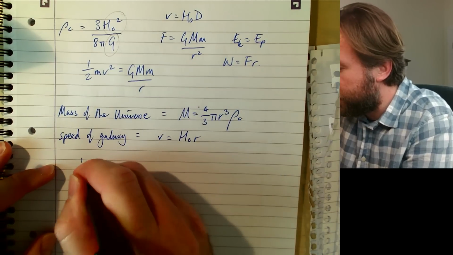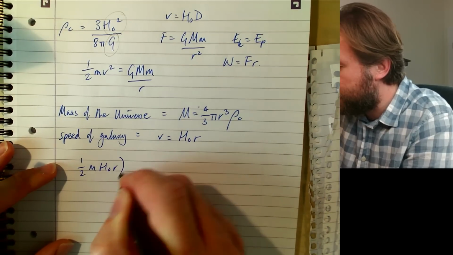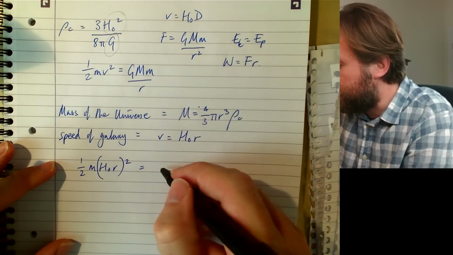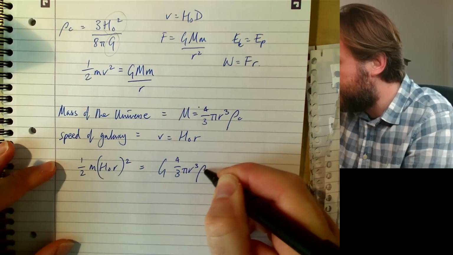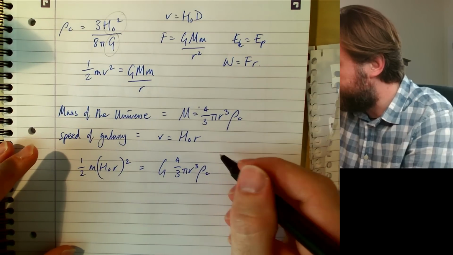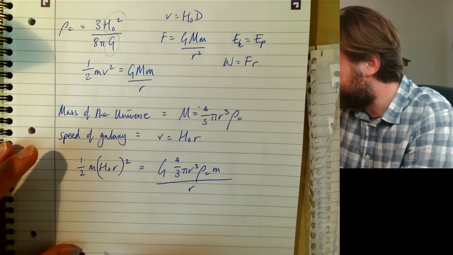So there we go: half m H0 r squared equals G 4/3 pi r cubed critical density, little m over r.